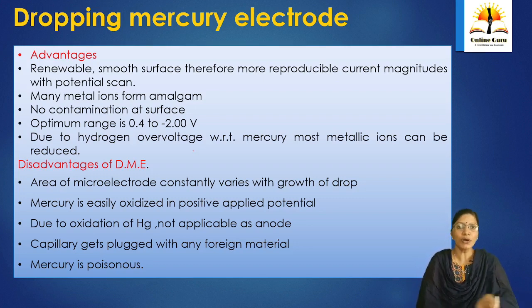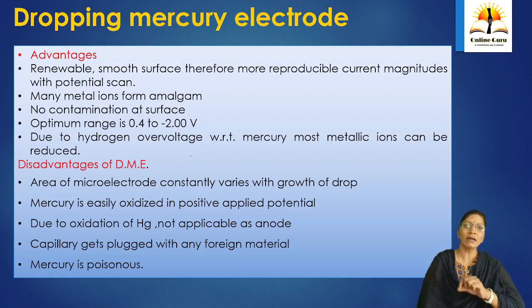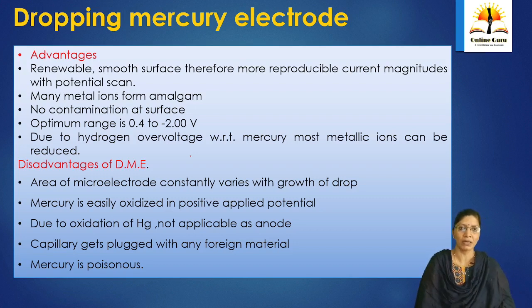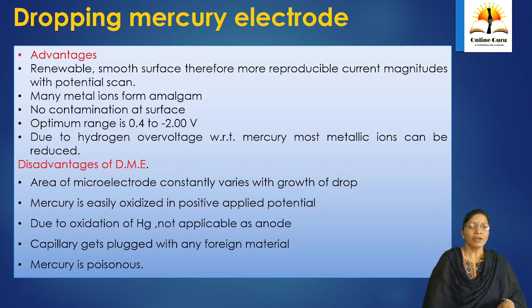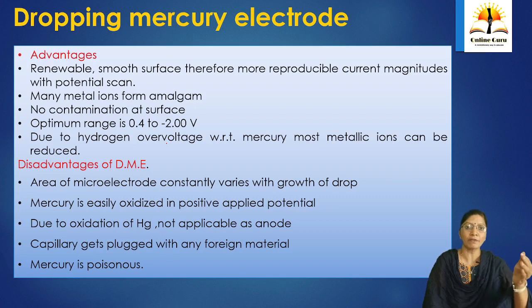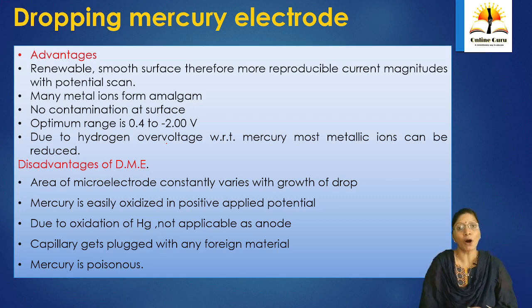So it is removing whatever product is formed in the electrolysis. It is an irreversible formation of amalgam, and that's why it does not interfere in the analysis. Okay. Now we have no contamination at the surface, because every time the amalgam is formed it will be taken out, and there will be no surface contaminated with the product. So that is an advantage of the dropping mercury electrode.